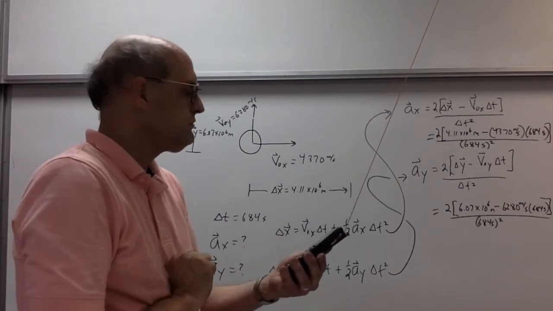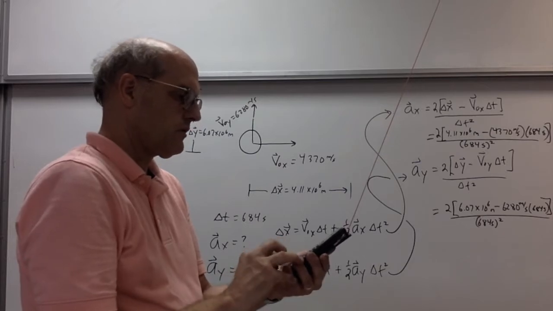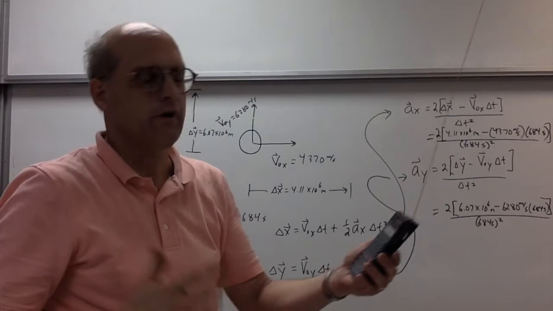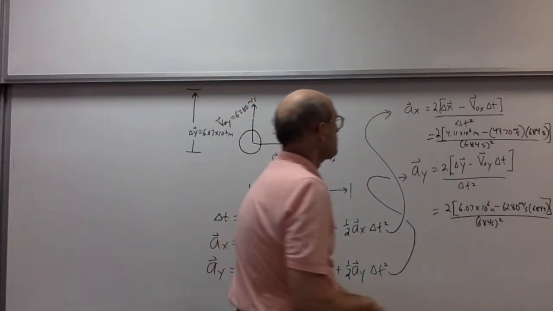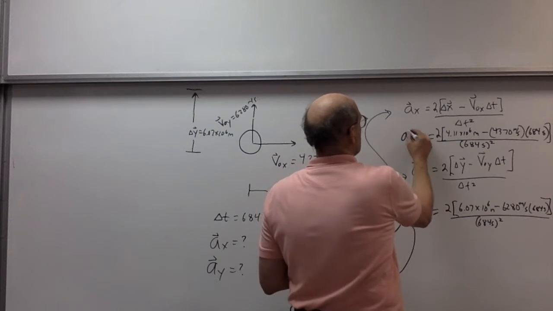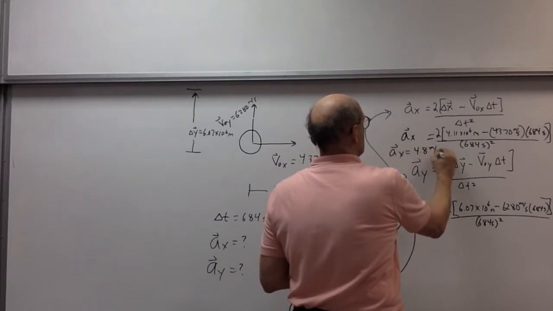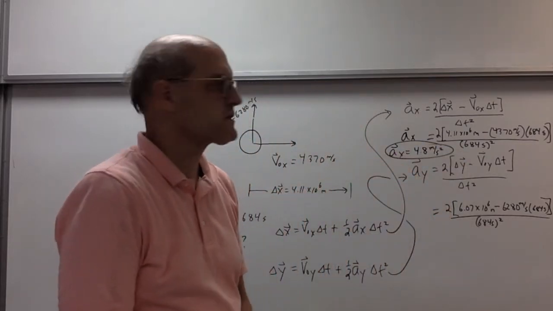Multiply that by 2 and divide that by 684 twice. And I'm getting 4.8 meters per second squared. Okay, that is the acceleration in the X.